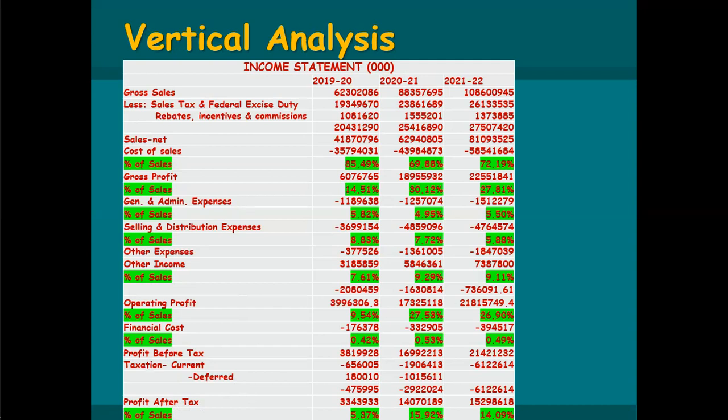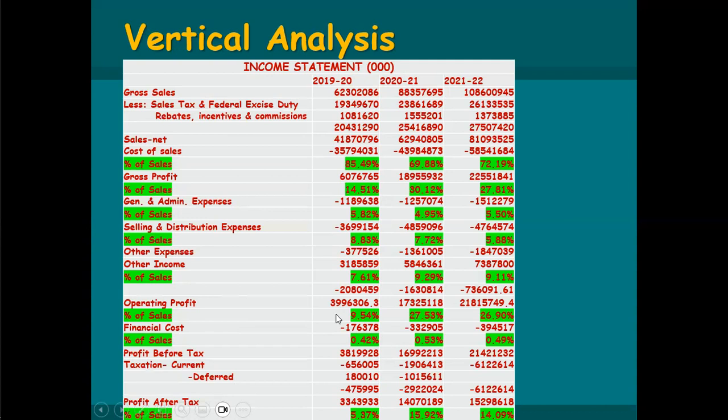Sales and distribution expenses, here you can say it's about a 1% change, but here you have a major change. Which types of measures have you taken so that the selling and distribution expenses in the third year decreased by almost 2%? You should know about it. Other income, you will find an increasing trend. You should know about it.